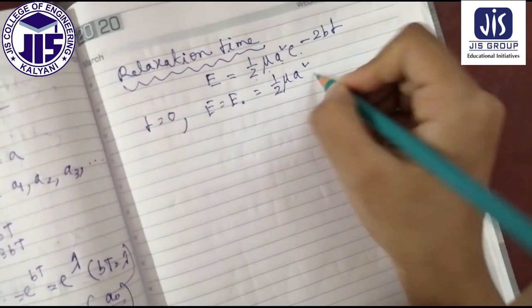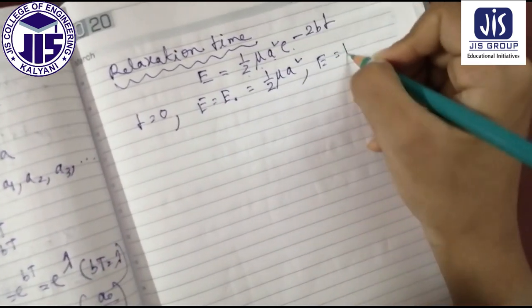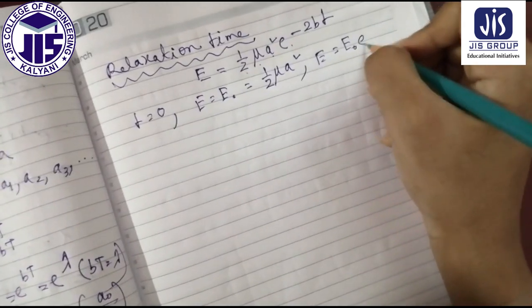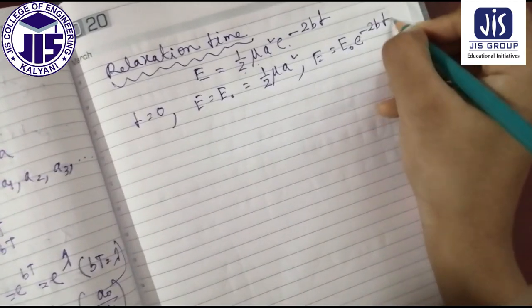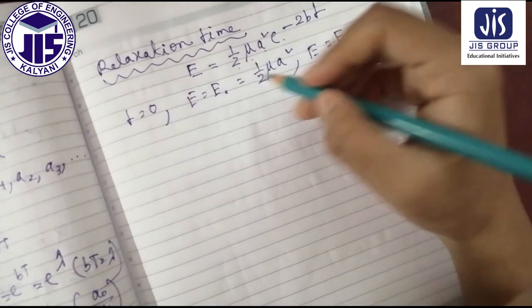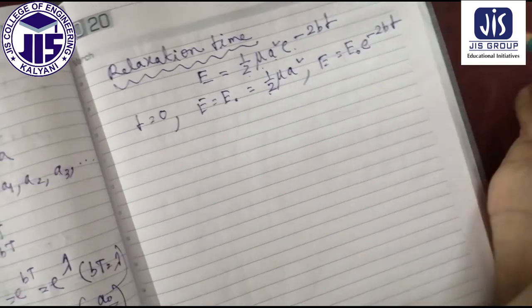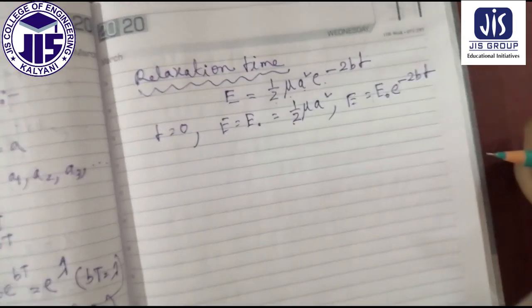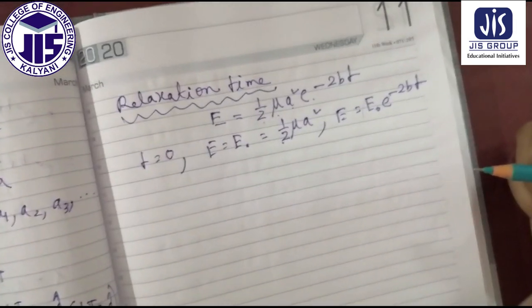So E equals E0 e to the power minus 2bt, where E0 equals half mu a square.